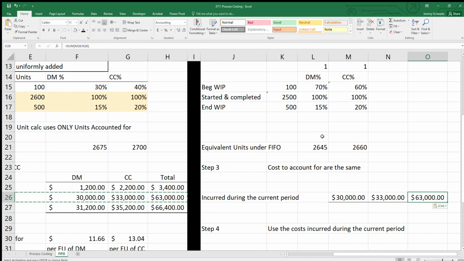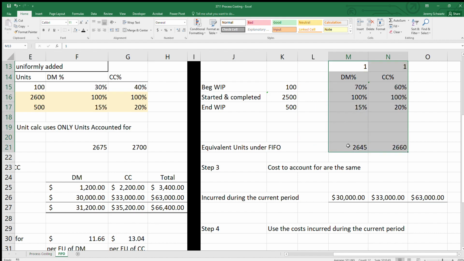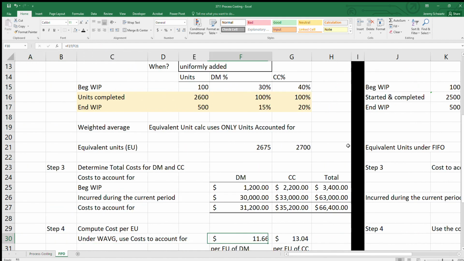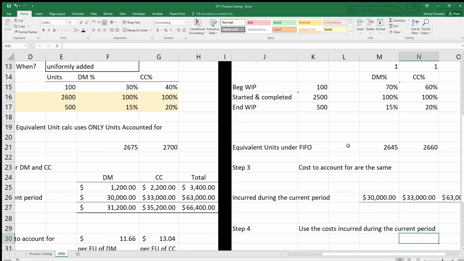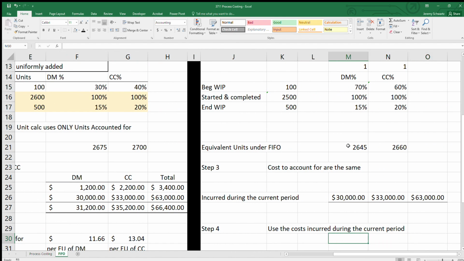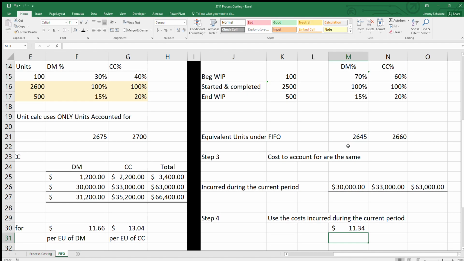And from a beautification standpoint, we can move these over as well, so that when we do the calculation of cost per equivalent unit, we just will take the 30,000 of direct materials cost during this period and divide by 2,645, the equivalent units under FIFO. So per equivalent unit of direct materials.